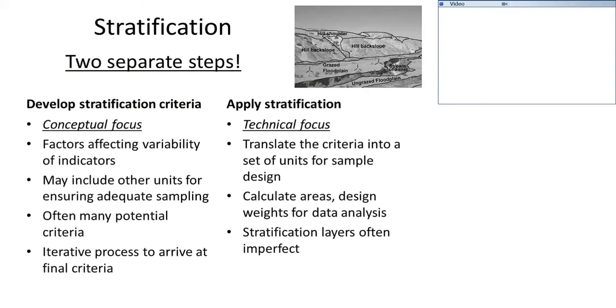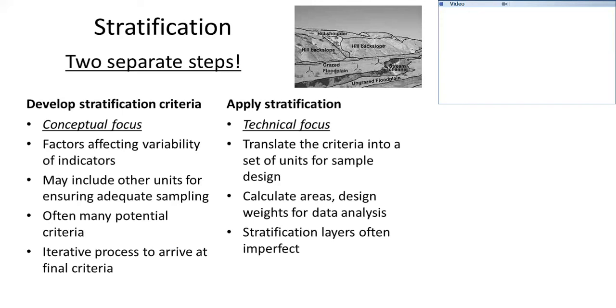So, stratification. We split stratification into 2 separate pieces. One that we do in our backgrounding phase is the conceptual side of stratification. What are the processes, or the underlying environmental variables, that are controlling the expression of our attributes on the ground, right?